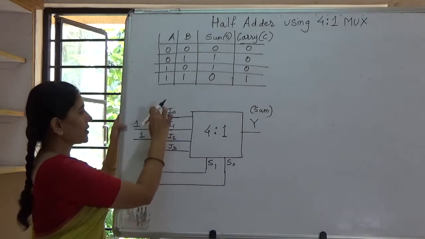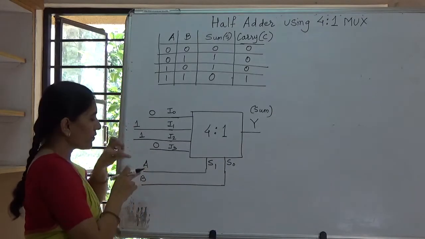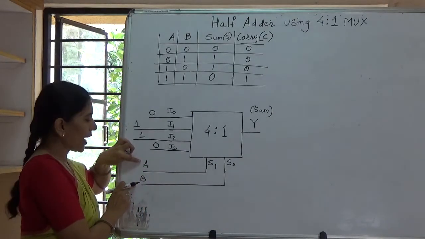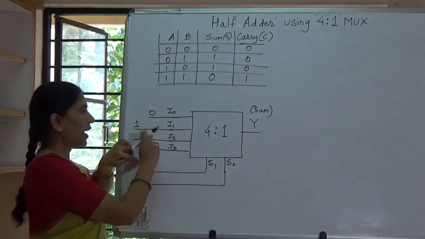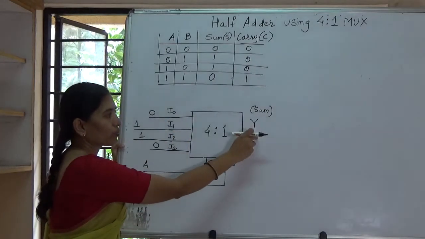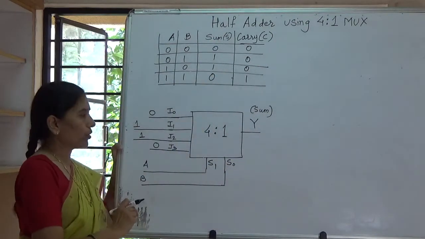If we connect the input lines of the multiplexer accordingly, whenever we give the corresponding inputs which are to be added to the select lines, the corresponding input line will be selected and that data will get transferred to the output Y, generating the necessary sum output.